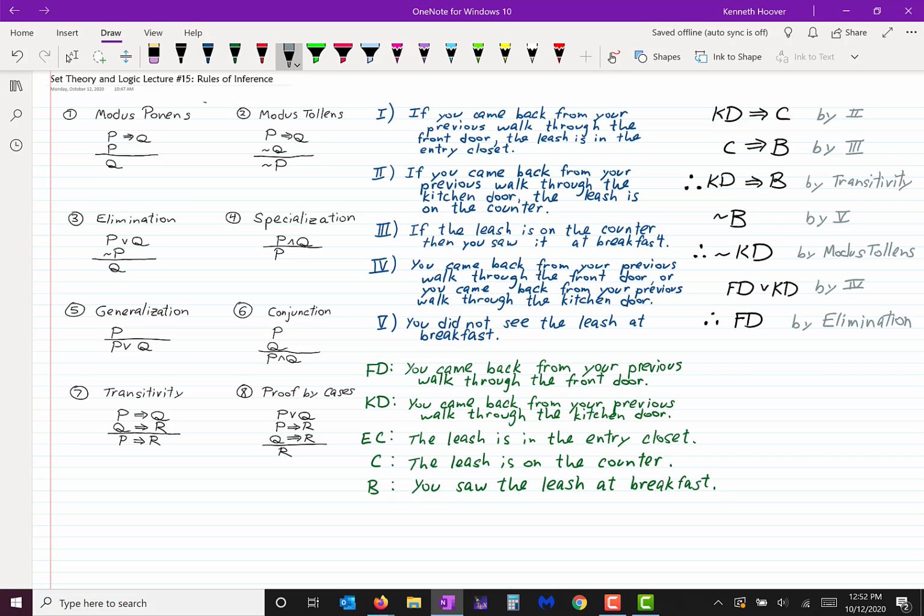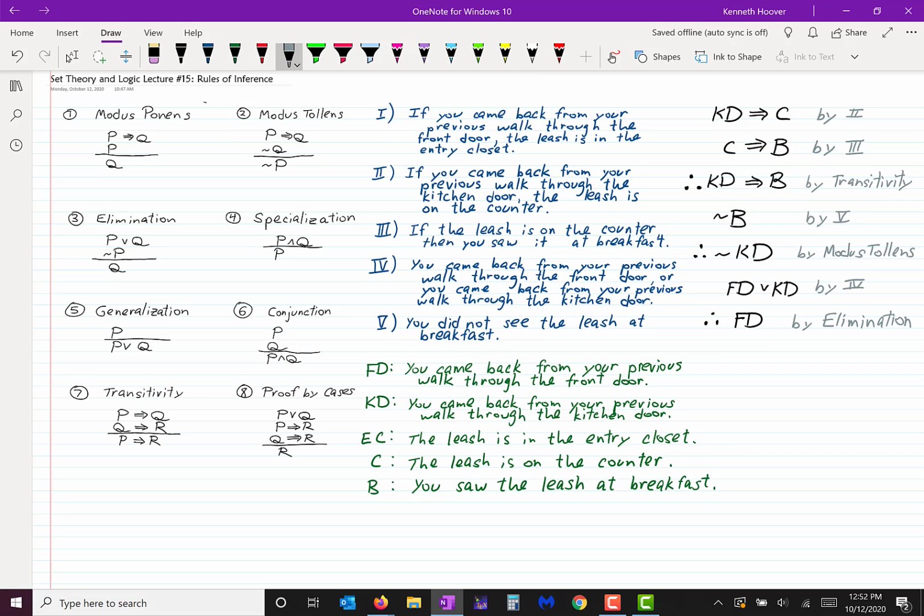Okay, what else? Now you're probably chomping at the bit at this point to say, therefore, the leash is in the entry closet. But if you do that now, you're skipping a step, because at this point, there's nothing written in black that even mentions the entry closet. So how would you make that conclusion?